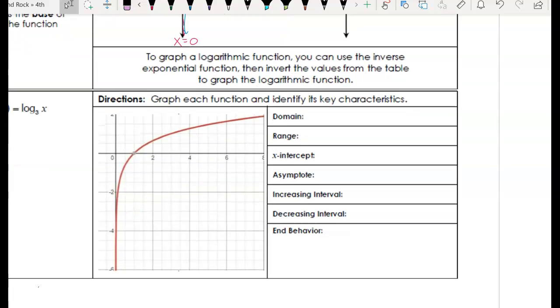Now, I'm not going to go over these attributes because I feel like we know how to find attributes very well. I will just ask, is this graph increasing or decreasing? It's increasing from left to right. So when I ask for decreasing interval, what are you going to say? None. And we're increasing from where to where?